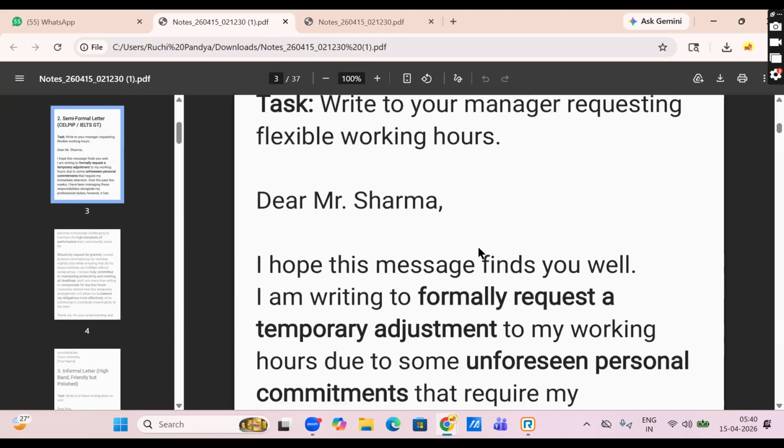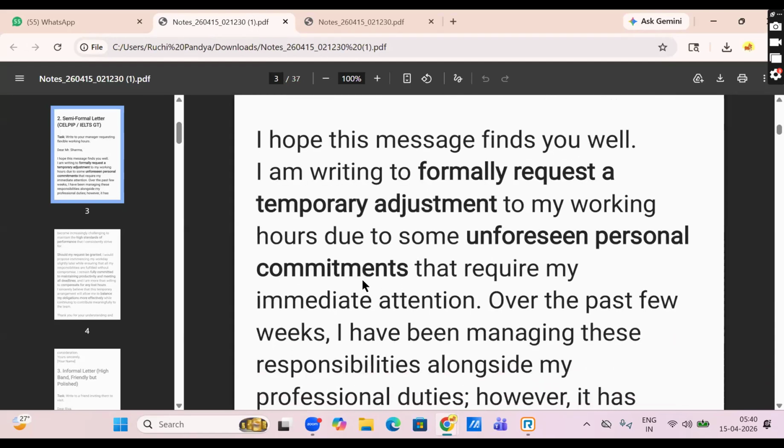So the task, write to your manager requesting flexible working hours. Dear Mr. Sharma, I hope this message finds you well. I am writing to formally request a temporary adjustment to my working hours due to some unforeseen personal commitments that require my immediate attention. Over the past few weeks, I have been managing these responsibilities alongside my professional duties.